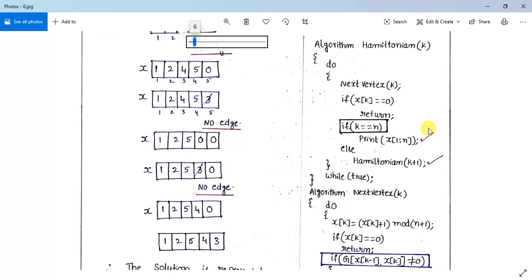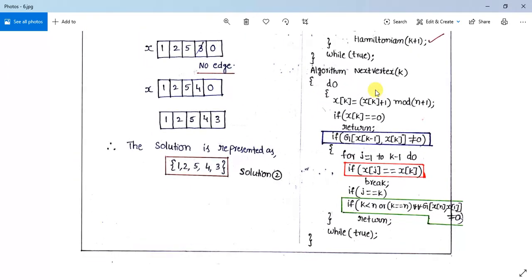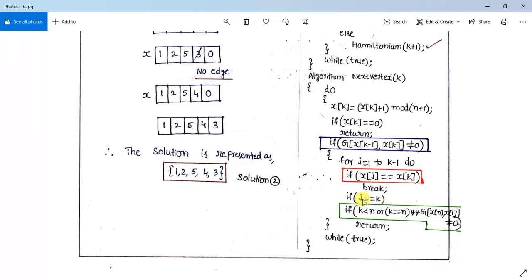Up to this is the first part, and in this first part we call the function next vertex. The second part is here, algorithm next vertex of k.